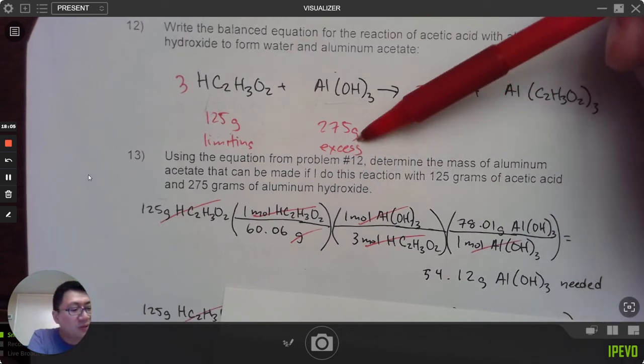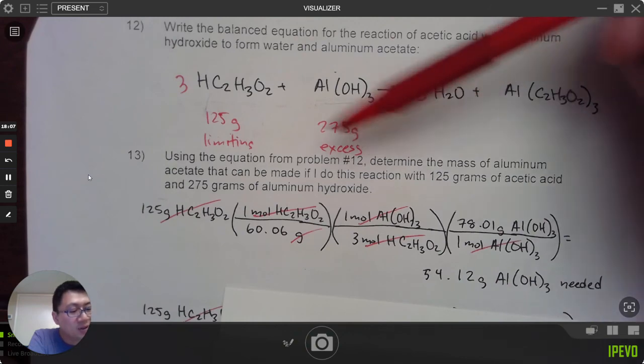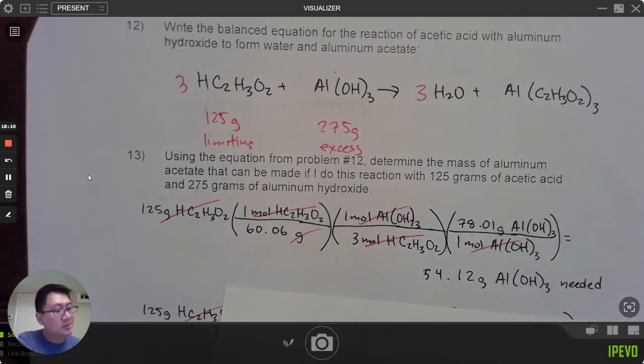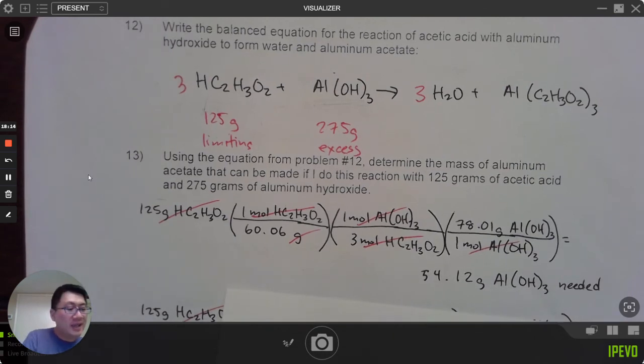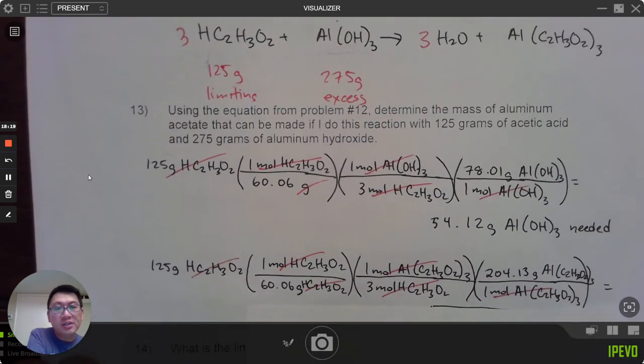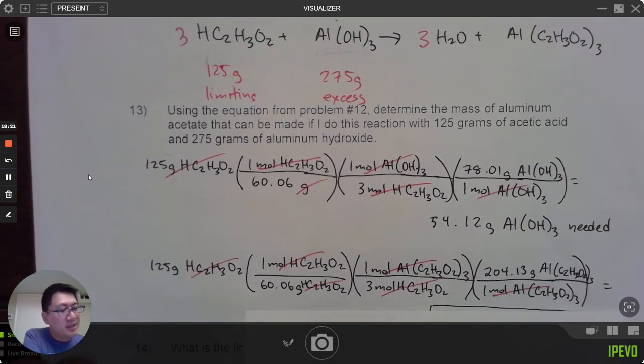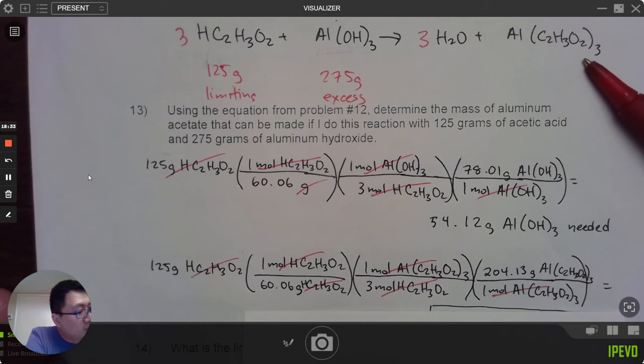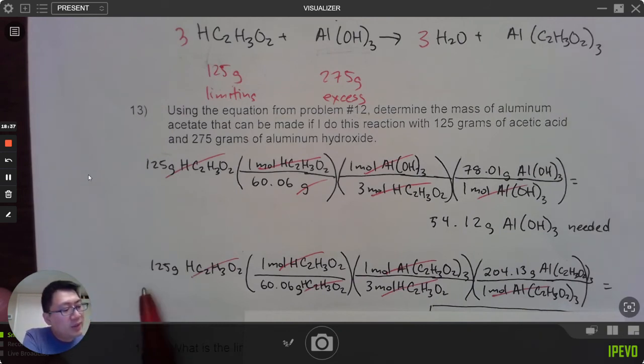If I have extra of this thing, the other substance will be the one that runs out first. And I didn't actually answer the question yet. To answer the question, always use the limiting reagent, in this case 125 grams of acetic acid, to find how much aluminum acetate I can make. Change grams to moles.